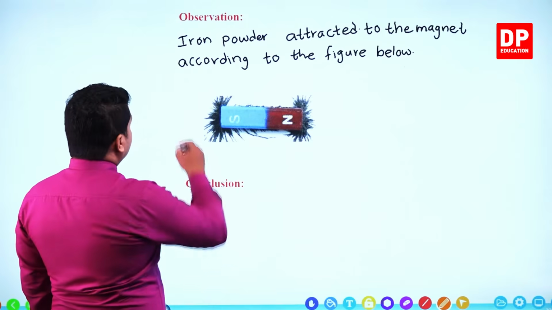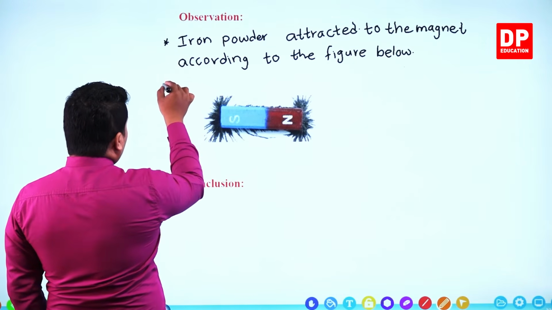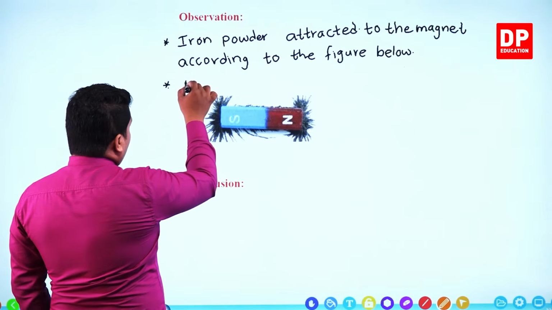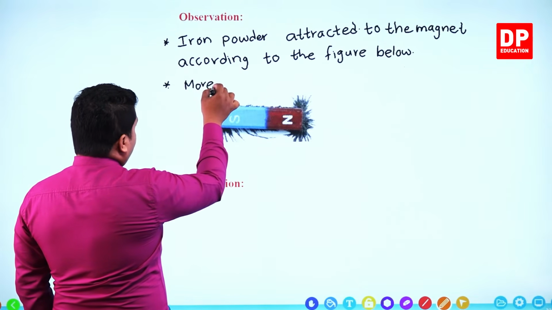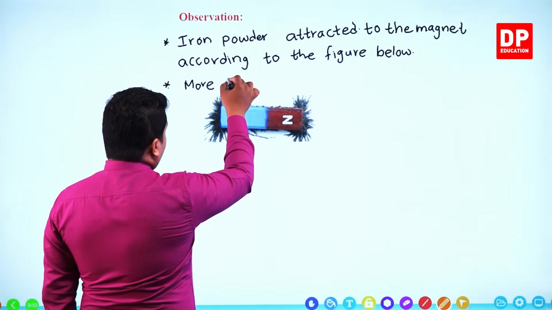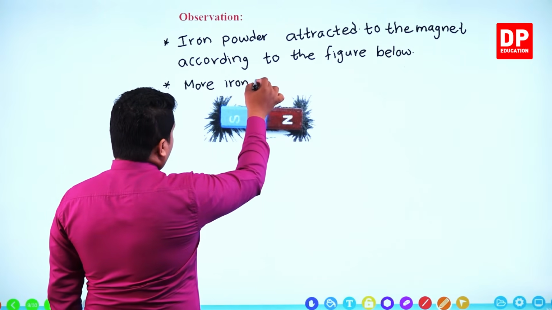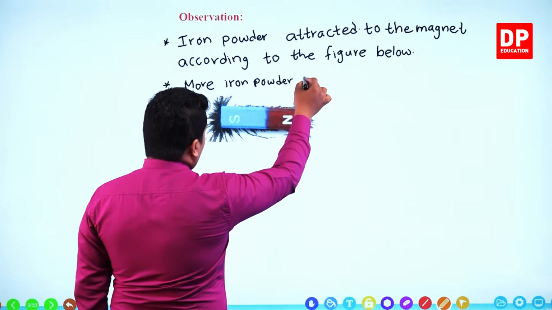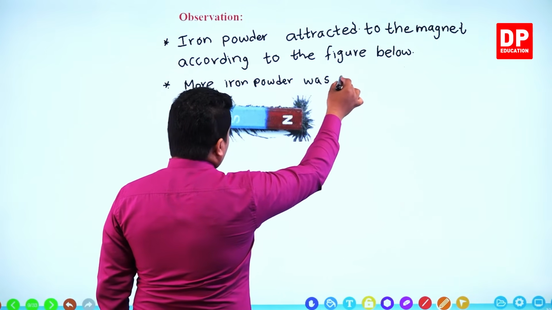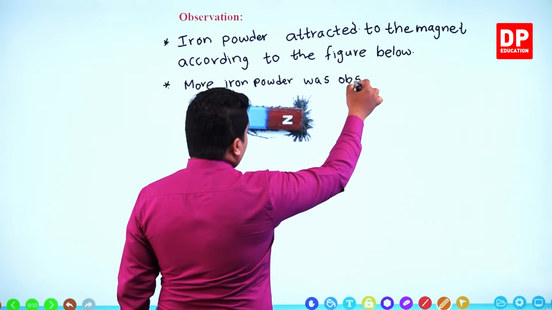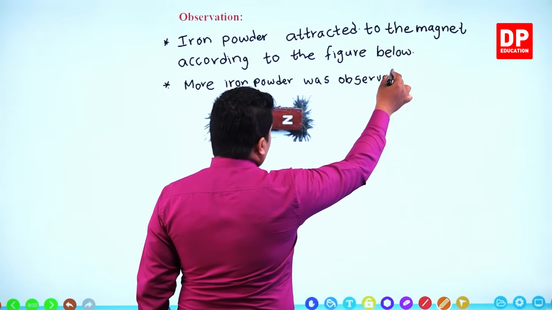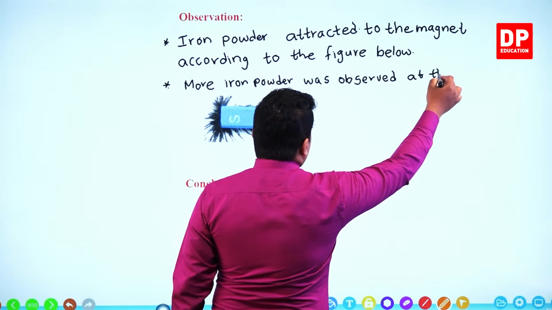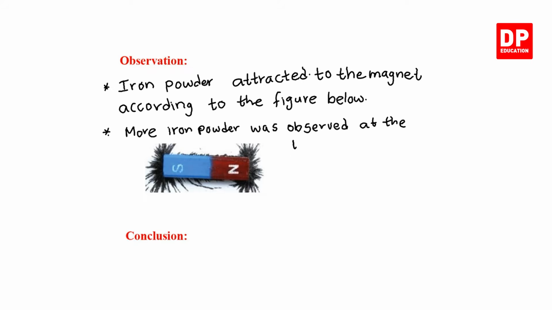The next step we can write: more iron powder was observed at the two ends.